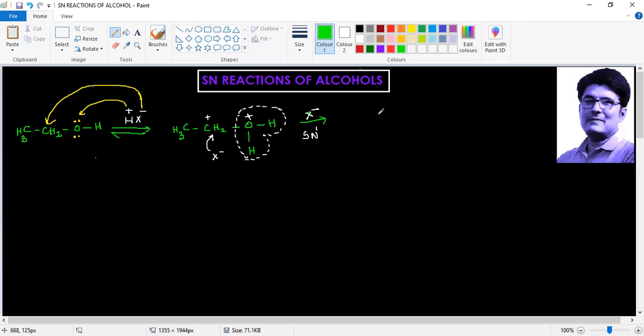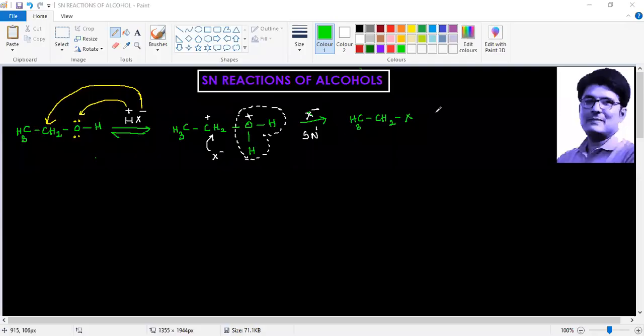Then the product is CH3CH2X, an alkyl halide, on loss of water, H2O. Okay, like this.